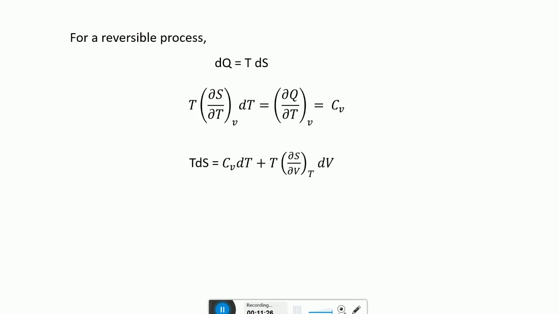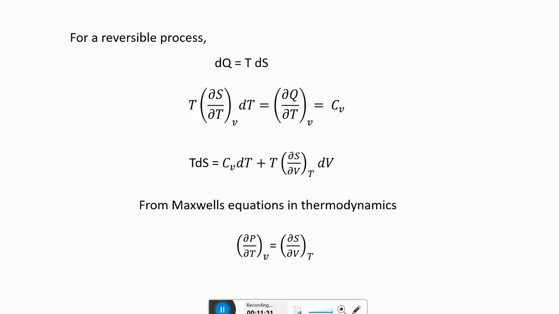According to Maxwell's equation in thermodynamics, we know curly P by curly T at constant volume is equal to curly S by curly V at constant temperature. So the above equation is modified, and finally we get TdS is equal to Cv dT plus T curly P by curly T, keeping V constant, into dV.